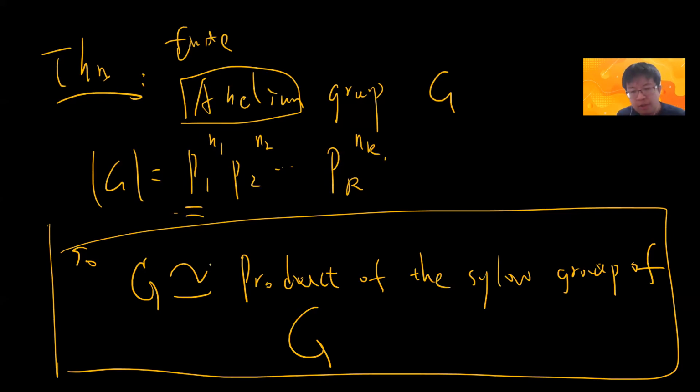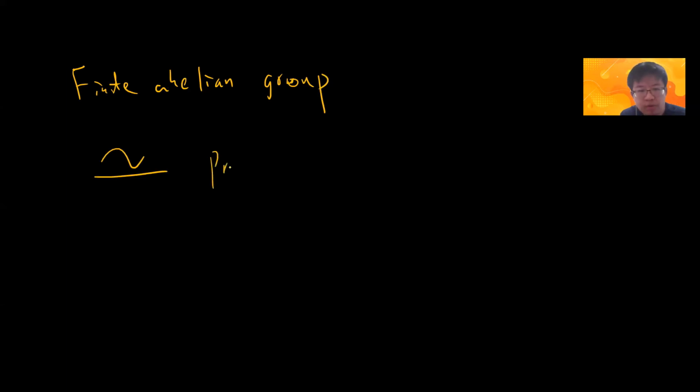But in this video, I only use this theorem and say that you can at least get it to be the product of the Euler groups. Okay. So let me just cite the result. So the finite abelian group, I will give the proof in the future. Okay. So a finite abelian group is actually isomorphic to the product of cyclic groups, or direct sum of cyclic groups.